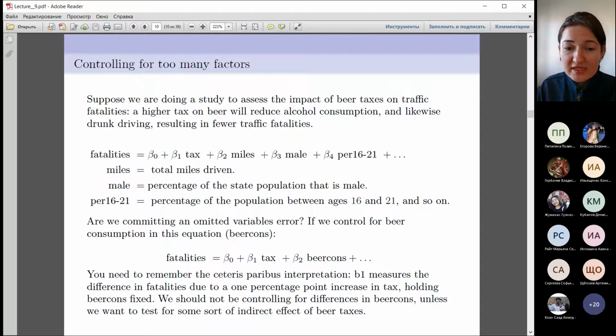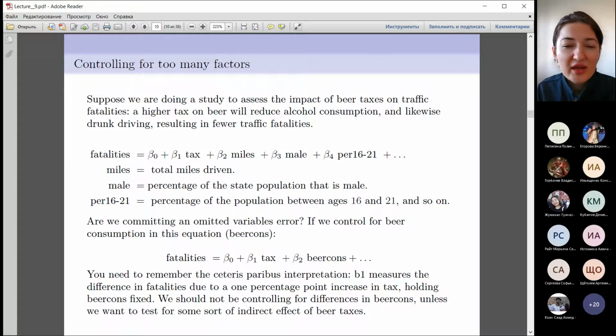The main idea of this example is that in some cases, it makes no sense to hold some factors fixed, because they should be allowed to change when a policy variable changes.